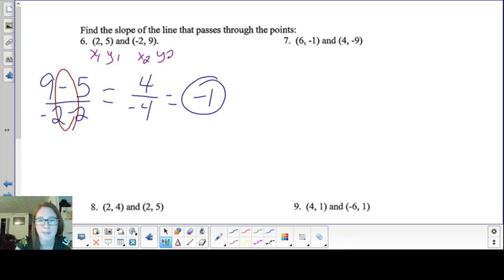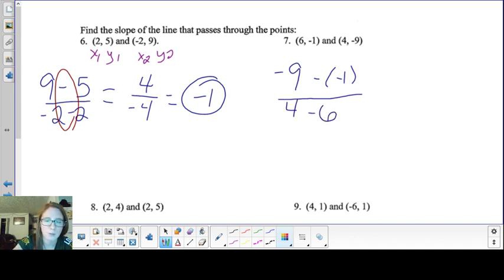Next, I have -9 minus -1 over 4 minus 6. Now you're probably saying, well, why did I put that -1 in parentheses? Well, what happens here with minus minus? Turns into a plus. So this is -9 plus 1 over 4 minus 6.